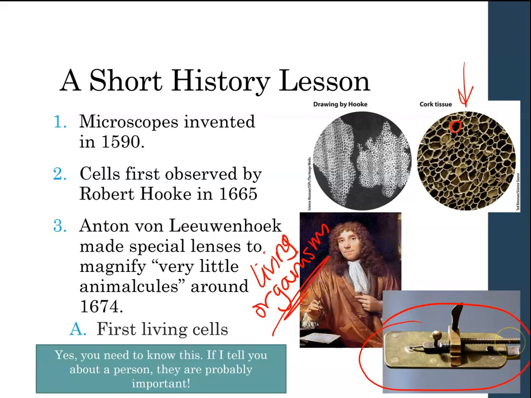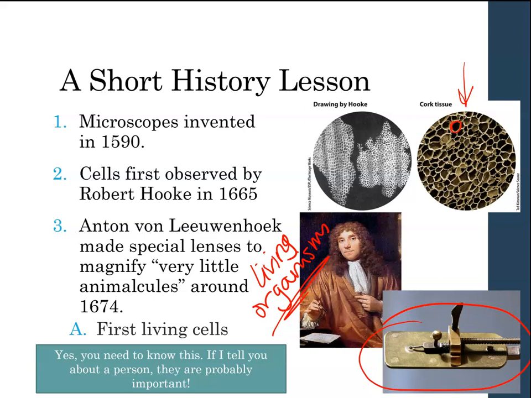This microscope down the bottom is actually his microscope, and he noticed little things swimming around in pond water. So he didn't know what they were. Of course, no one had ever seen them before. So he just basically called them little animals. But that's relevant to us because that's the first time anybody saw living cells.